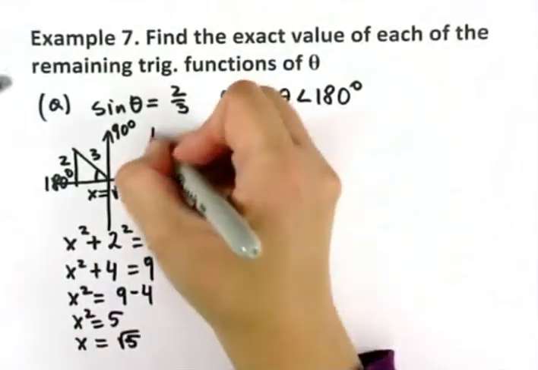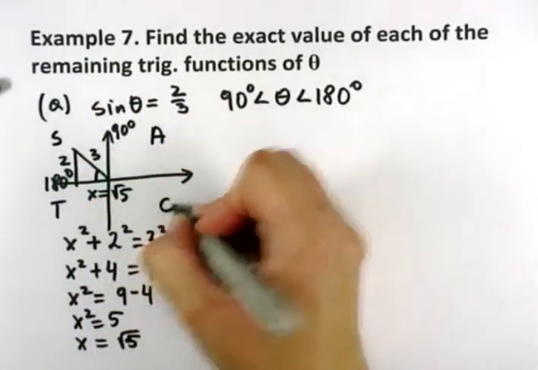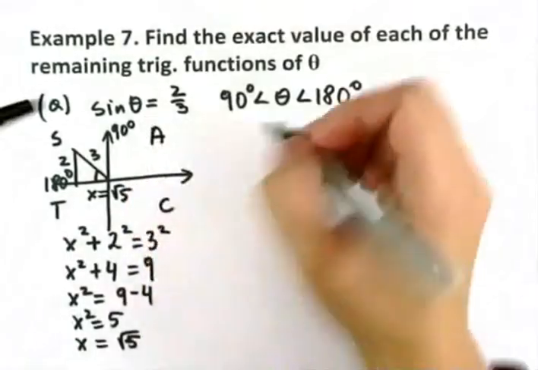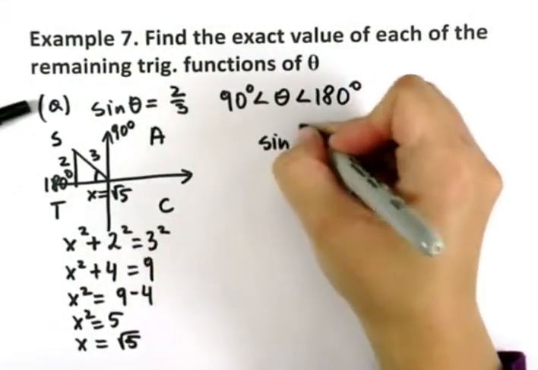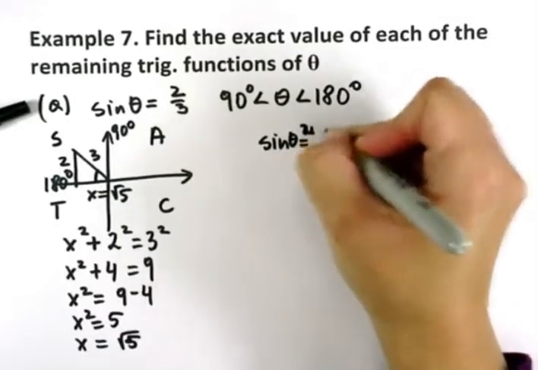And now I need my story, add sugar to coffee. So first, sine theta is equal to 2/3.